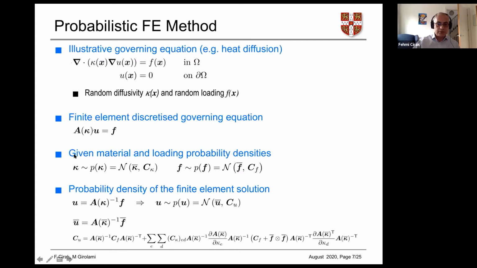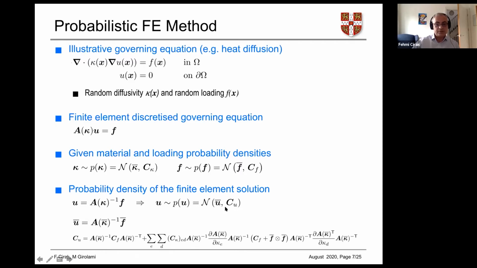We would now like to use this information and introduce it in the finite element discretization, and obtain the probability density for U, the temperature. Okay. So after some algebra, which is straightforward but slightly tedious, we obtain this normal distribution for the finite element solution.